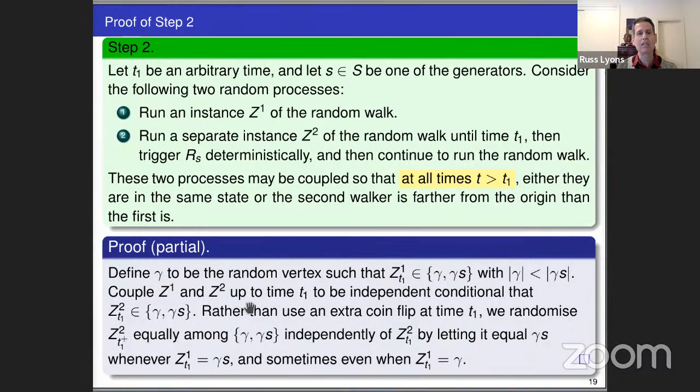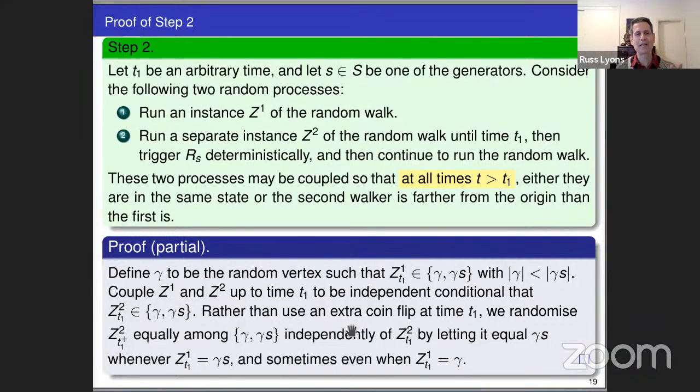And that guarantees that at time T1, or just after time T1, after we do this randomization, Z2 is going to be at the same position or at the other edge. And then they're just going to do the same things as before. And that will guarantee that the second one stays further.